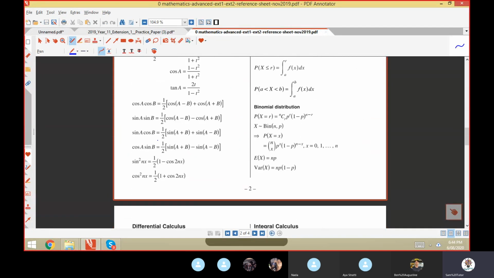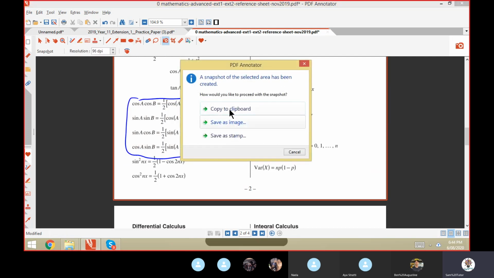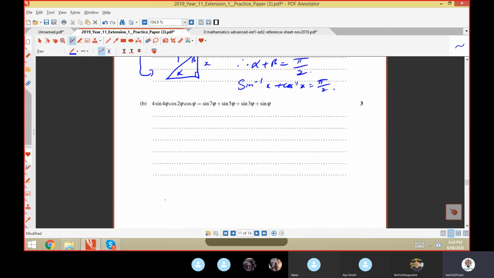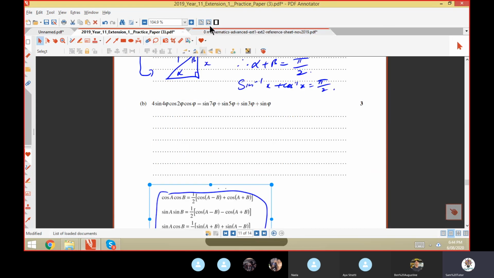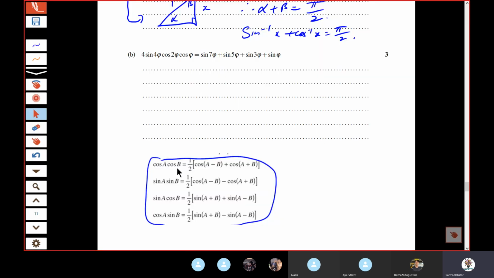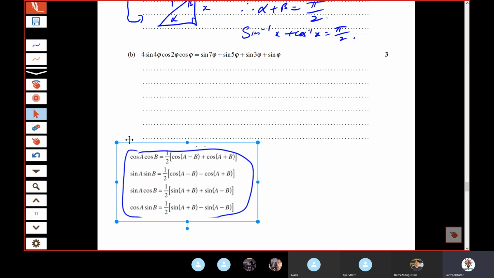But this one, you probably don't need to memorize. So let's see how to use this. I'm going to take a snapshot of that and bring it here. You guys have a look, and I'll look as well until we find what we think we're going to use.